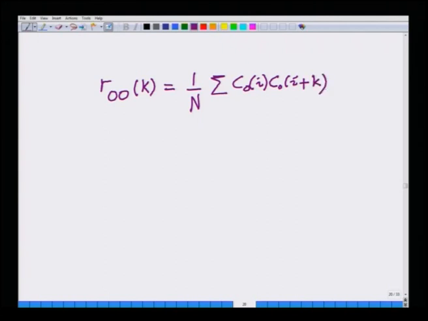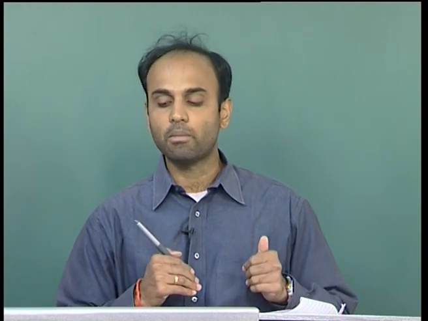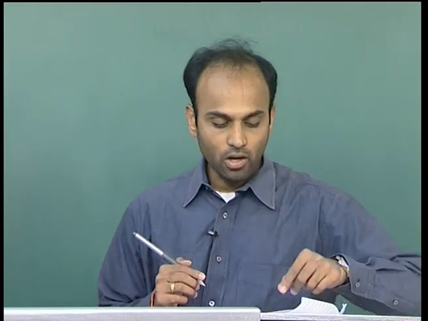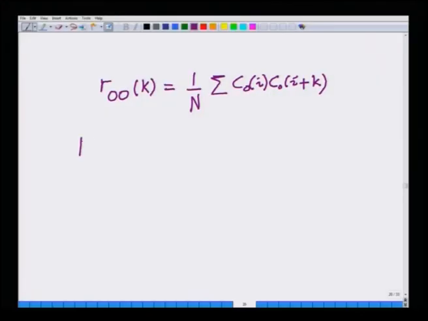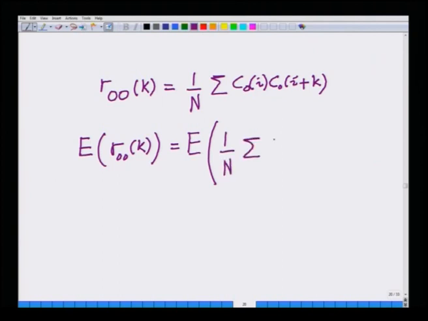That is, I am looking at the self correlation of the chip sequence and the chip sequence shifted by k. Alright. Now, if I look at the average, the expected R00 of k is the expected value of 1 over n summation C0 i C0 i plus k.